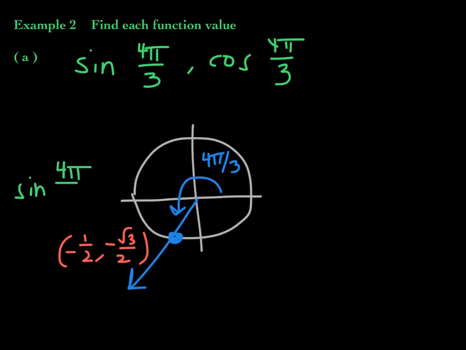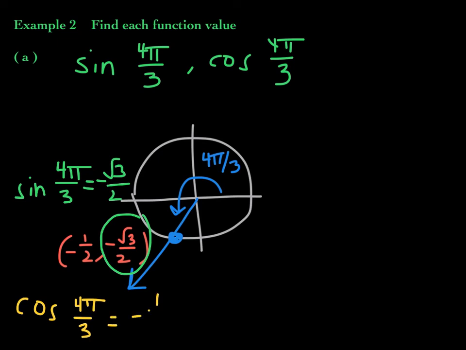Sine of 4 pi over 3 is equal to negative root 3 over 2. Okay, that's the answer, right? That's this value right there. And then cosine of 4 pi over 3 is negative 1/2. That is this number there. Okay, everybody?